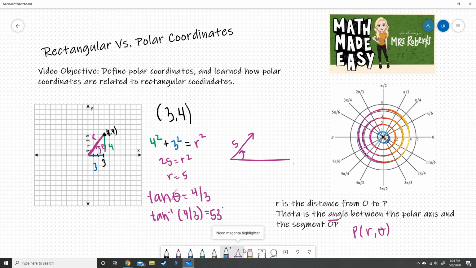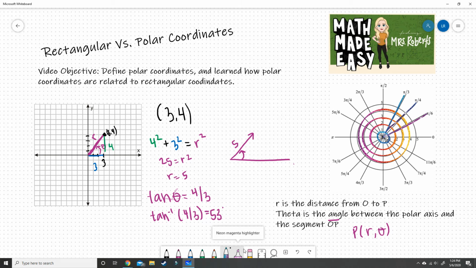Each of these lines represents a certain degree. This is pi over 6, and if you remember, pi over 6 is 30 degrees. This is pi over 4, and if you remember, pi over 4 is 45 degrees. Pi over 3. And where these two lines intersect are certain points.